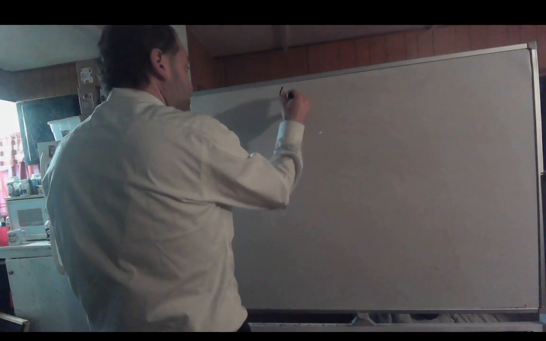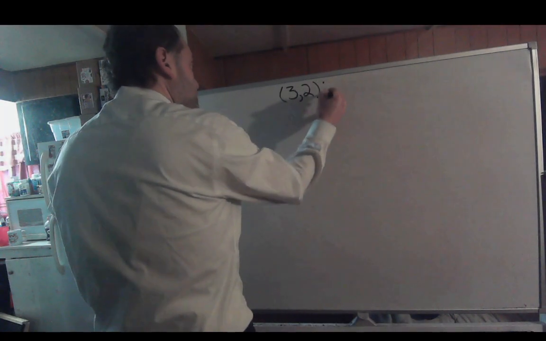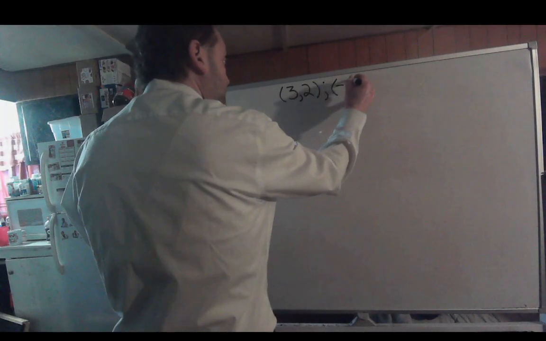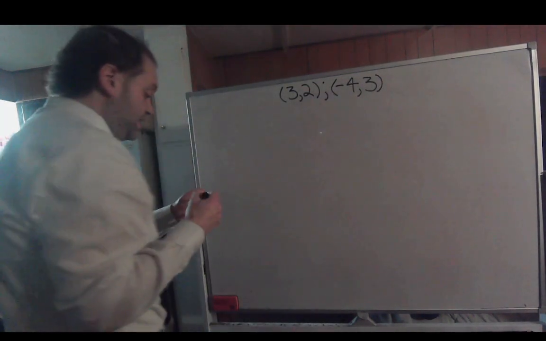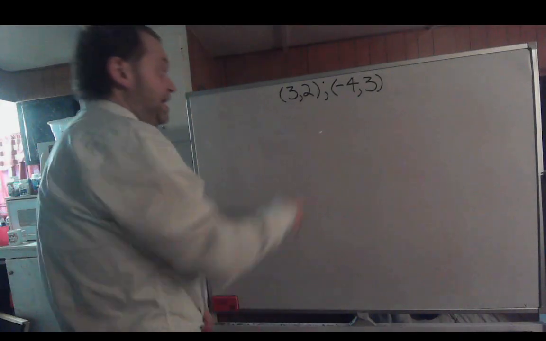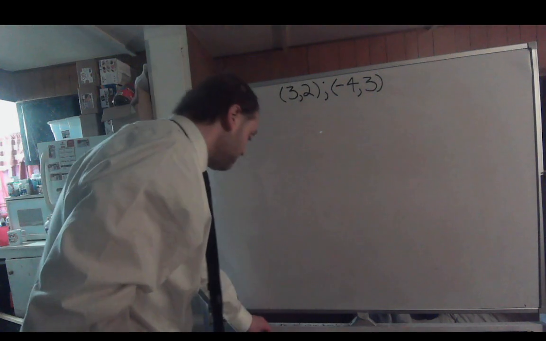So let's say I have the points 3, 2, as well as negative 4, 3. I'd like to find the slope of that line.